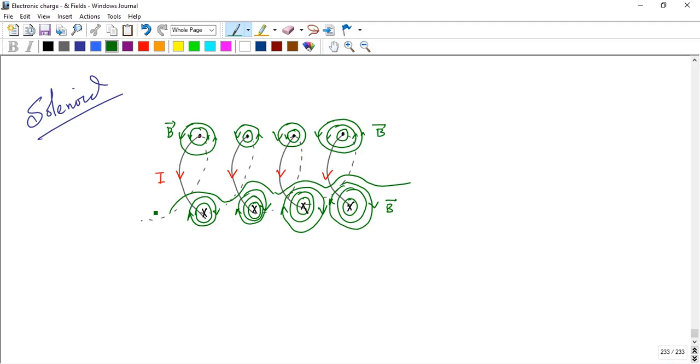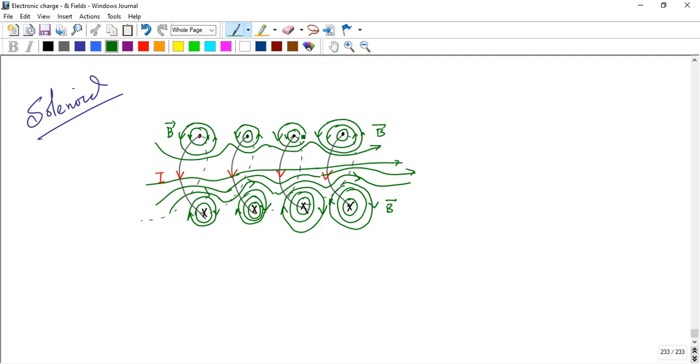Similar case here, a small stretch here. Now it looks almost like a straight path. So magnetic field is a vector field, remember that.